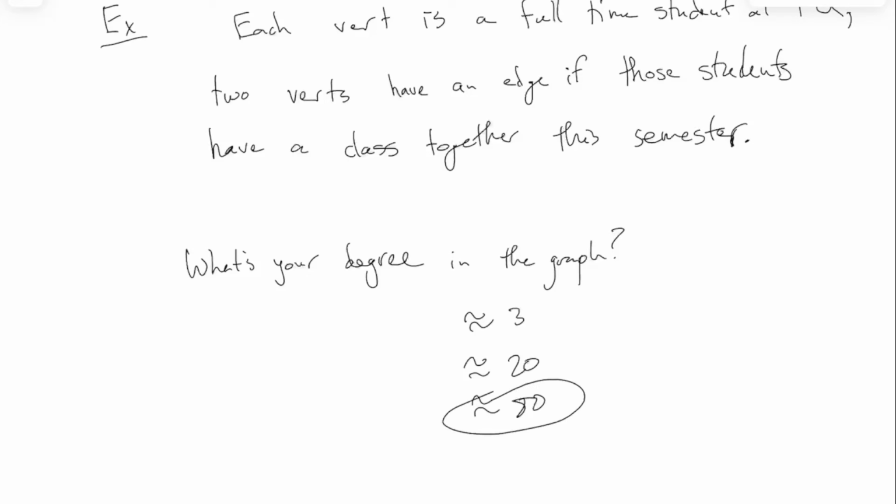This would be the number of all students in all my classes. This is bigger than, I don't know what it is exactly, but it's certainly bigger than 3 or 20, all right? This would be the number of all the students in all of your classes.